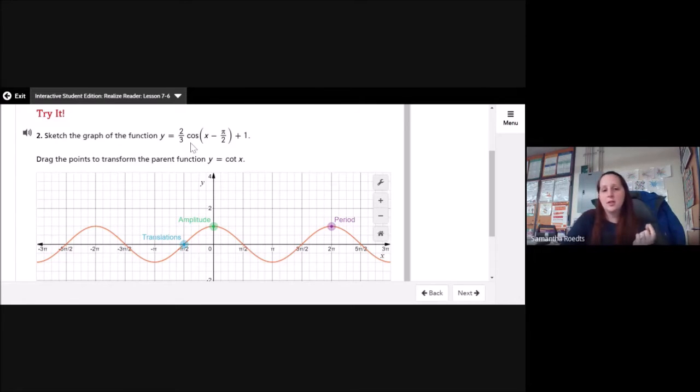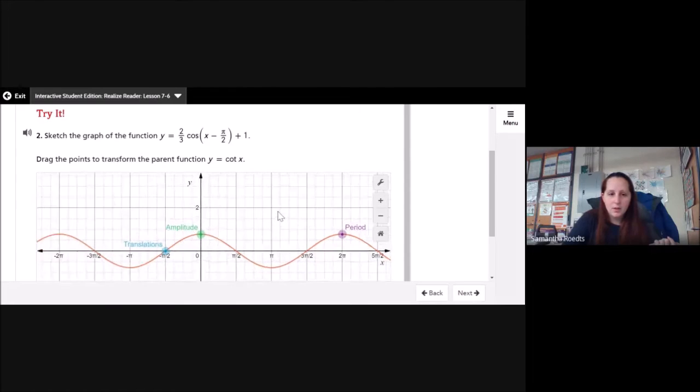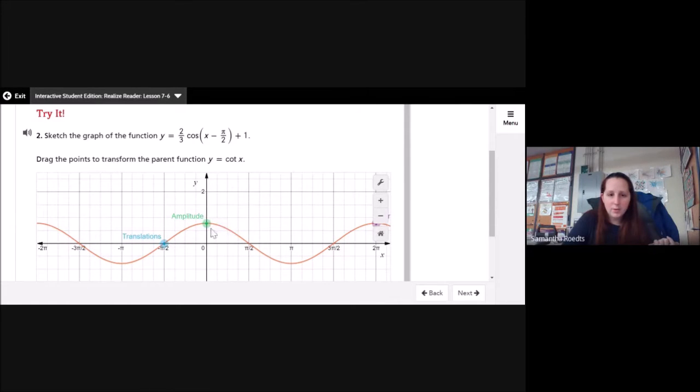Now the 2/3 tells me that my amplitude changes from 1 to 2/3. So 1, 2/3 is going to be right about here, roughly. Let's go in a little bit. So if here's 1, here's right about 2/3.